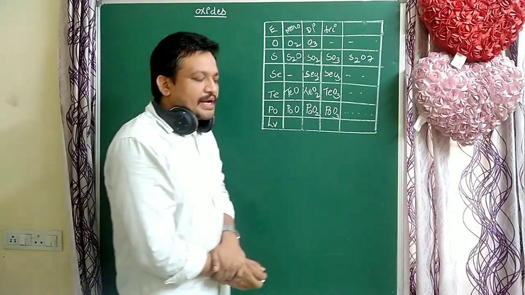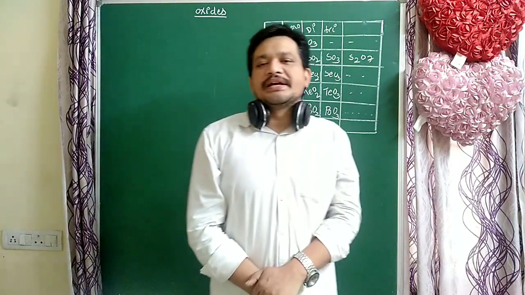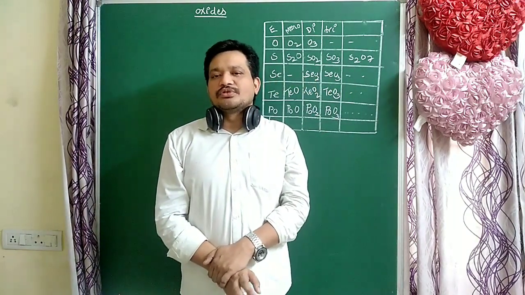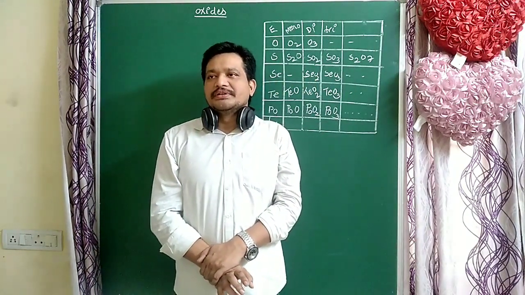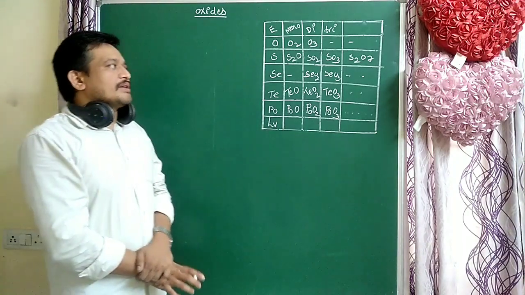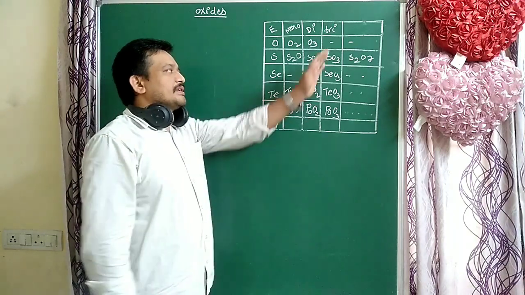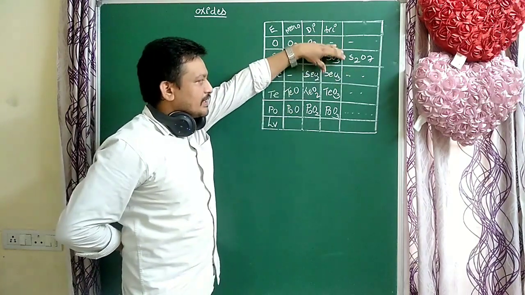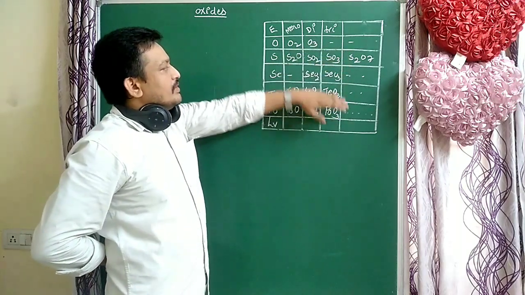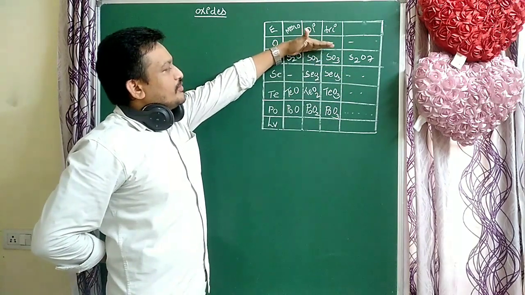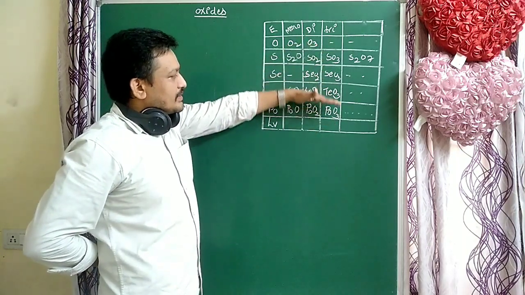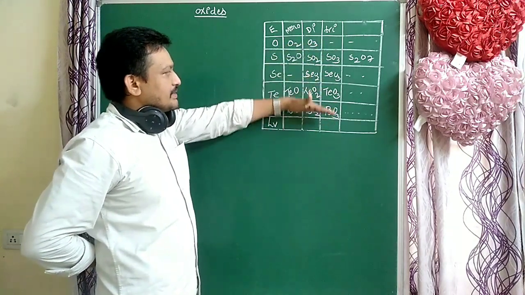Dioxides act as both oxidizing and reducing agents, but trioxides only act as oxidizing agents. From top to bottom, reducing power decreases and oxidizing power increases.